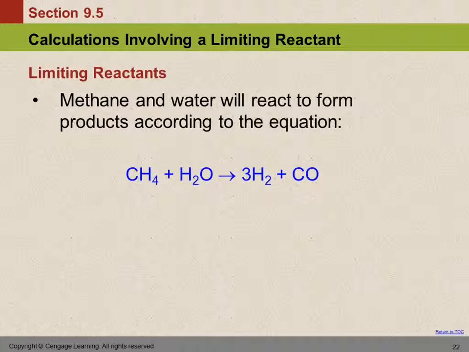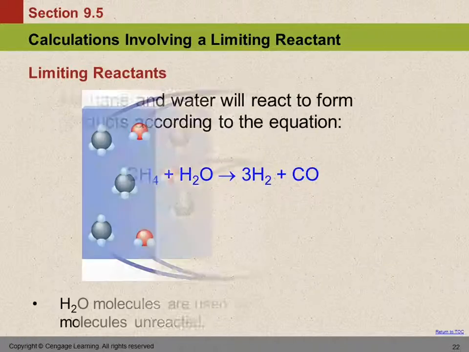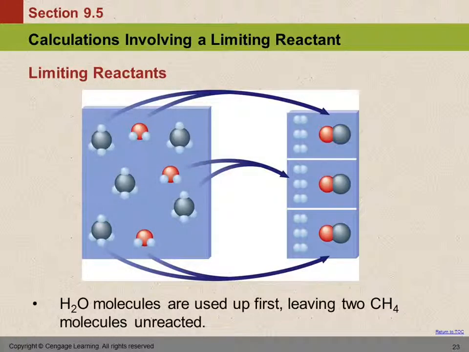So let's look at this methane and water reacting to form products of hydrogen and carbon monoxide. It's a balanced chemical equation. And here's our illustration of what happens. So if we had 5 methane molecules and 3 water molecules, what would happen?